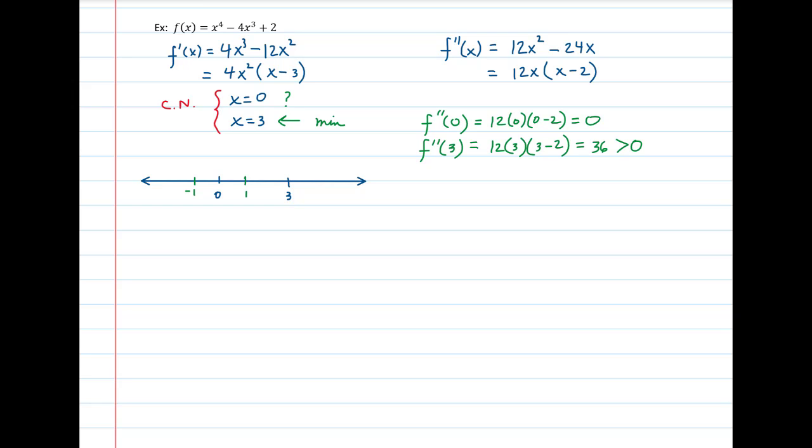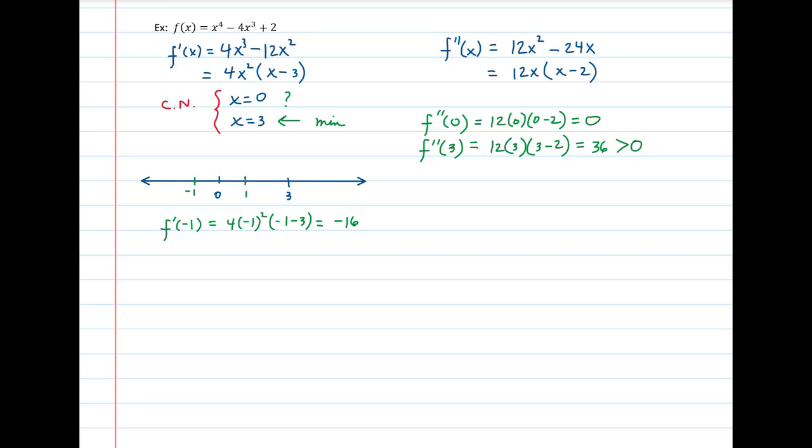Take a test value before and after 0, on the interval before 0 and the interval after 0, and evaluate those test values in your first derivative. Remember, this is what we practiced in the previous section with the first derivative test. Doing that, we get that f prime of -1 is equal to 4 times -1 squared times -1 minus 3.